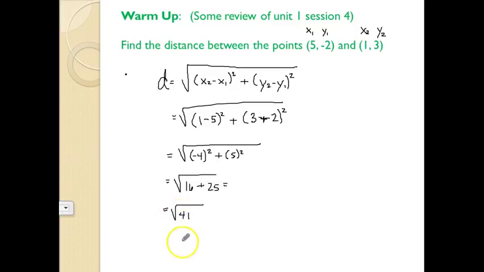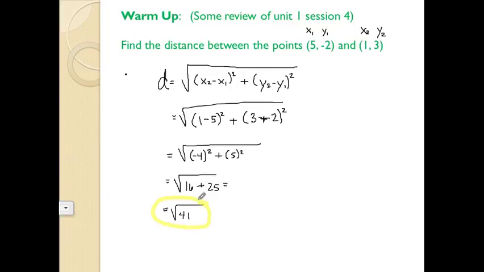And is 41 a perfect square? No. Are there any perfect square factors? Can I multiply? I'm looking for multiples of 41 that have a perfect square. No. So square root of 41 is going to be my most exact answer. If I were to type it in my calculator and get a decimal, I'd probably get a pretty long decimal. Let's try it.